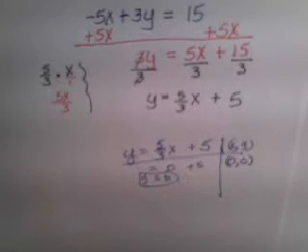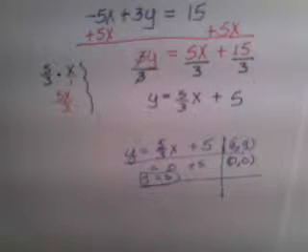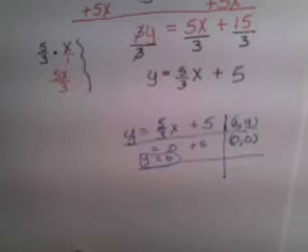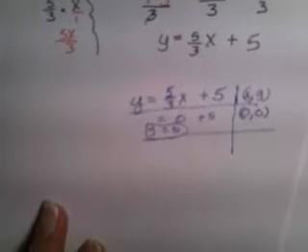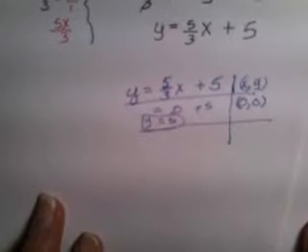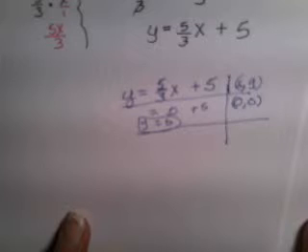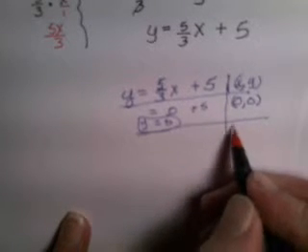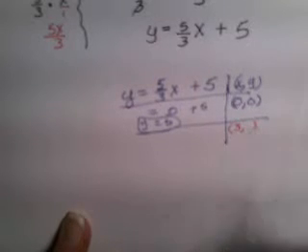So we have the ordered pair 0, 0. Then, wouldn't it be nice to choose 3? Yes, choose 3 for our x, so that it will cancel.